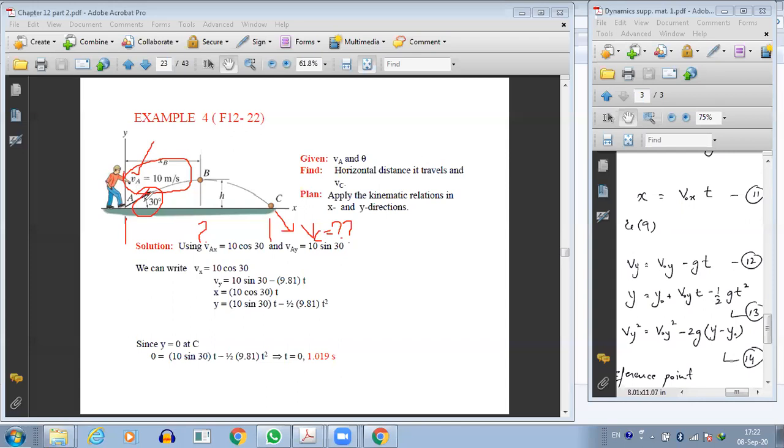From VA, we find VAX and VAY. So we have initial velocities in the X and Y directions. Now, what do we need? We need X. This is the distance, right? We need X.